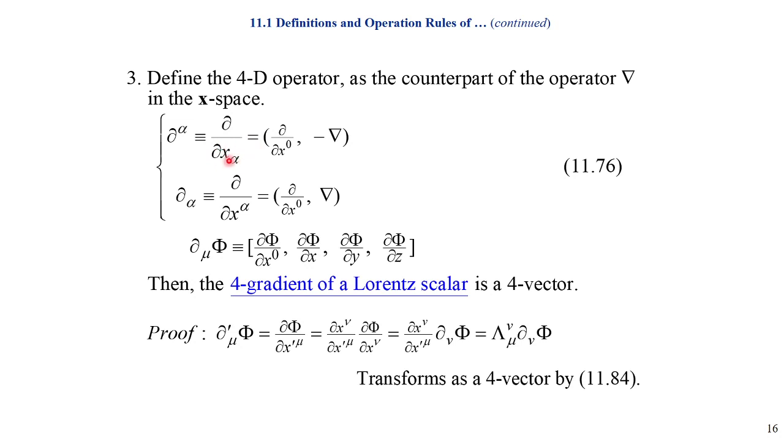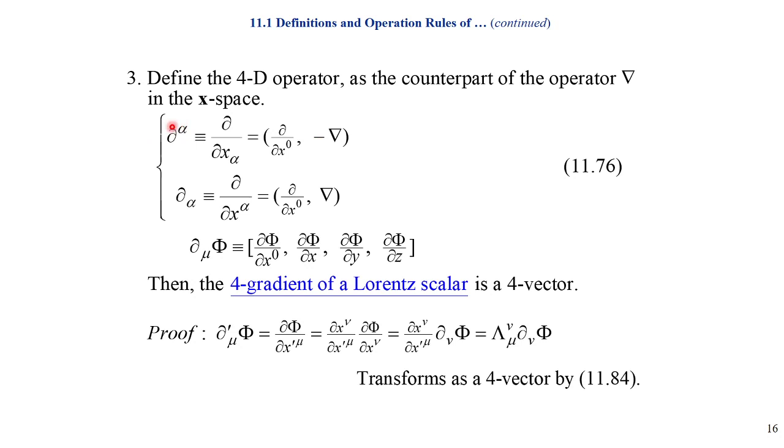Remember, this is a lower index, subscript. So we can denote it in this form. And the major difference is here. Remember, here is different from alpha by a minus sign. Therefore, in terms of the four-dimensional operator, we will have a minus sign here.